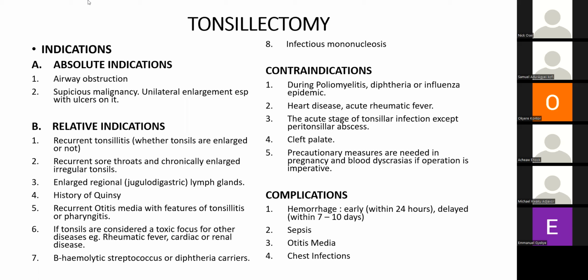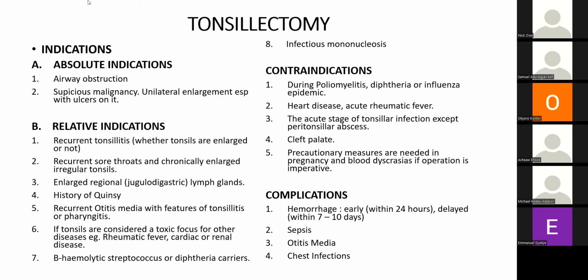The complications, there are 4. Hemorrhage, it could be early, within 24 hours, or delayed. That is within 7 to 10 days. There could be sepsis, infection. They are introducing new or foreign agents to incise swollen or inflamed recurrent tonsils. There could be otitis media.